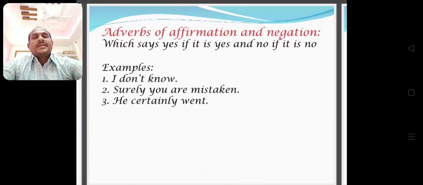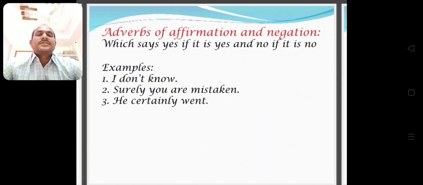And you see the adverbs of affirmation and negation, which say yes if it is yes and no if it is no. This shows whether the action is done, yes, otherwise it is not done, no. So it shows yes or no. Example, I don't know.